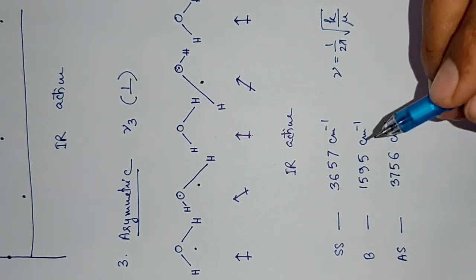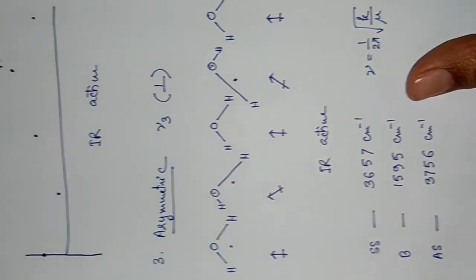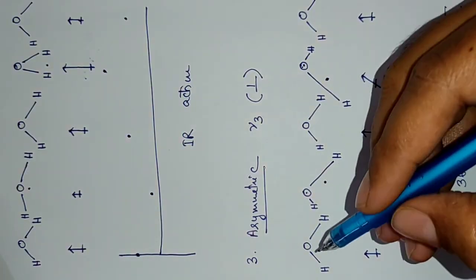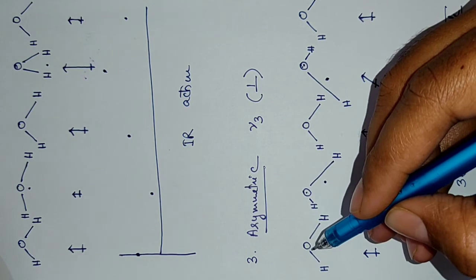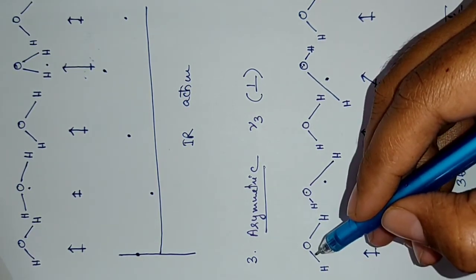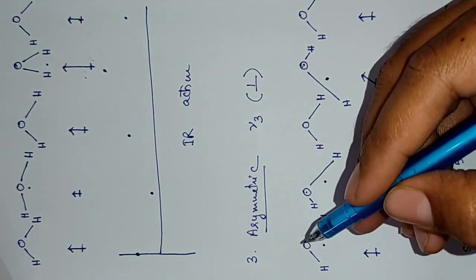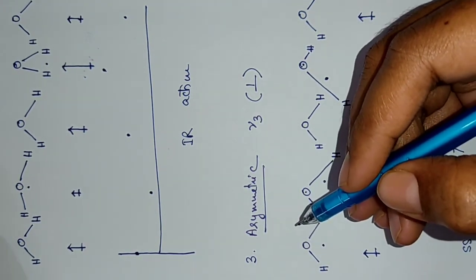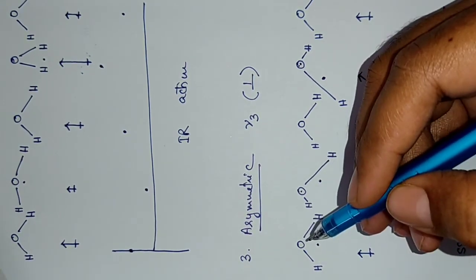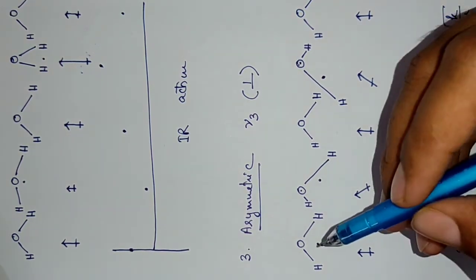Now what is the reason behind this strength? This is because you can easily see that in case of symmetric stretching, it elongates and compresses, and in case of asymmetric the same thing happens. Only difference is that it occurs simultaneously in one case and it occurs alternatively in another case.